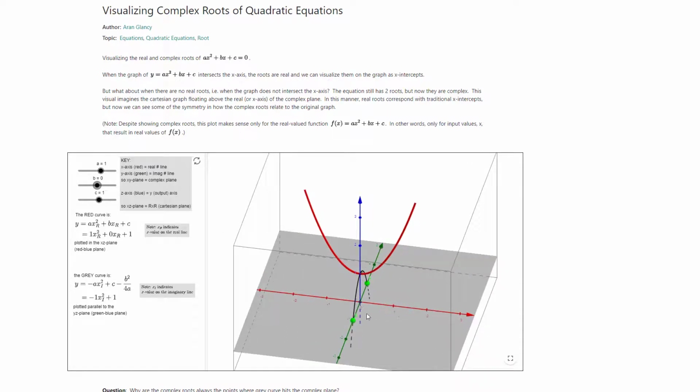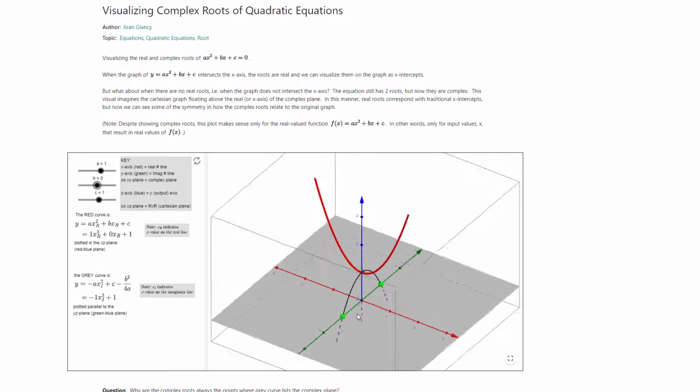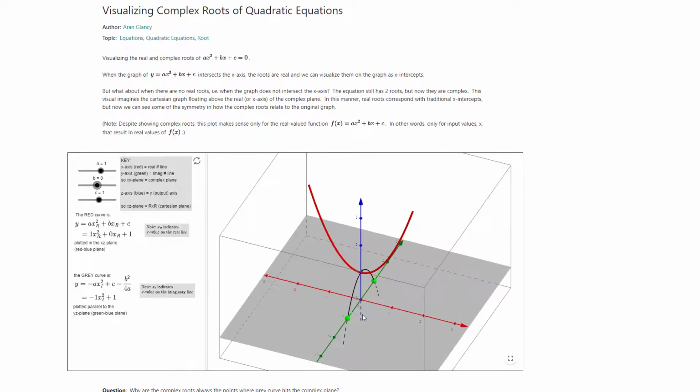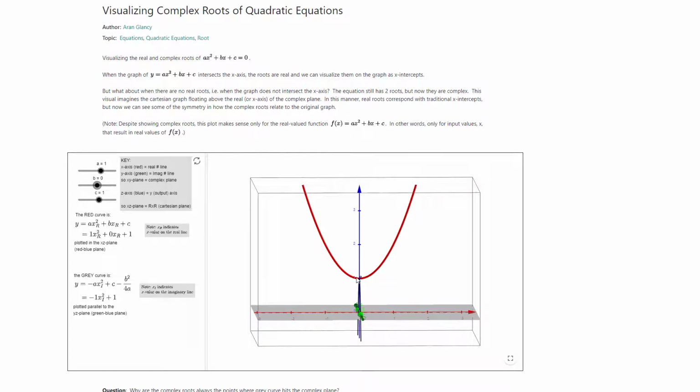And if you look, there's a reflection of our picture. Not only is it rotated what looks to be 90 degrees, but it also gets reflected about its vertex.